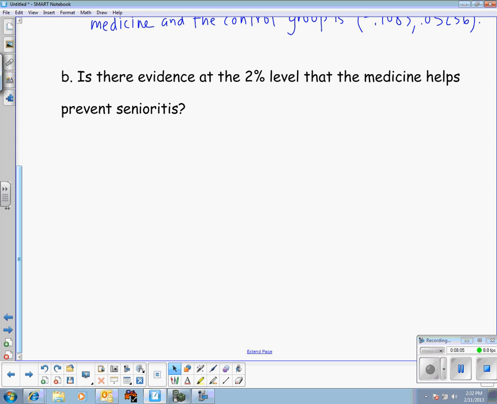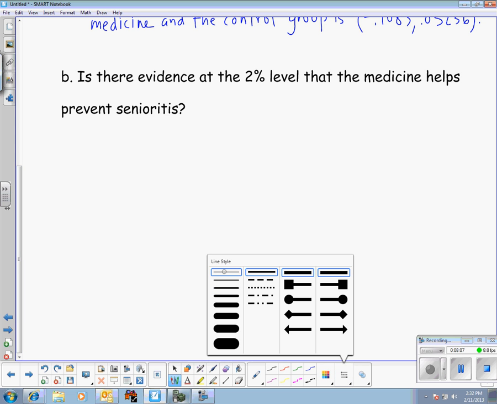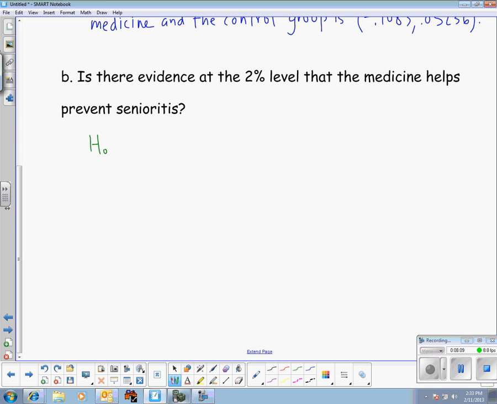Okay, my null hypothesis is that P1 equals P2. My alternative is that the percentage who got the disease with the medicine should be less, which means that P1 would be less than P2. Remember, this is the percentage who got the disease.